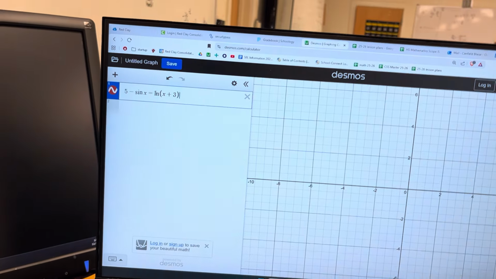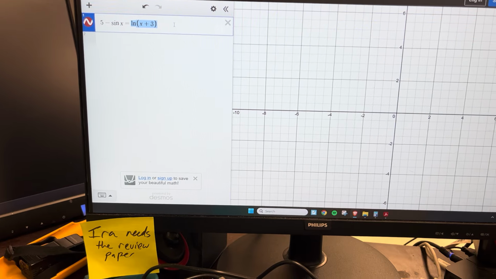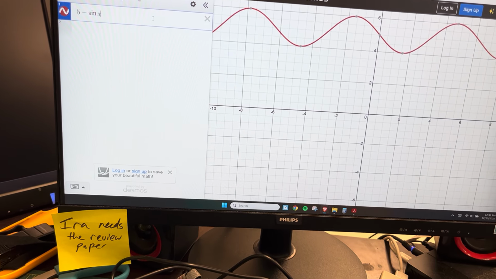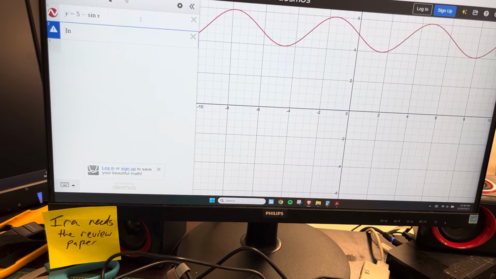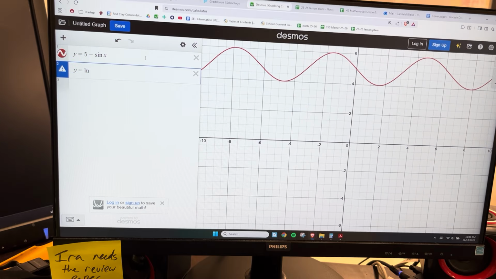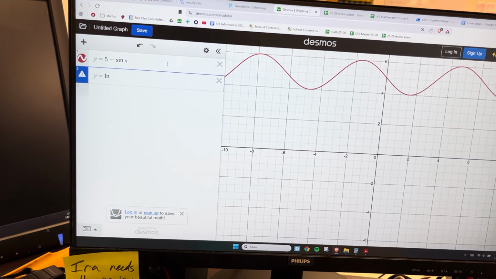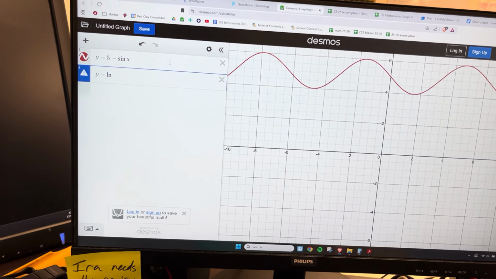This is not the way that we handle it. Instead, what we do is we graph the 1. I like to write y equals, graph the 1, and then I like to write y equals ln x plus 3. All right.